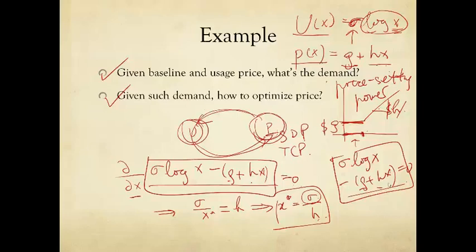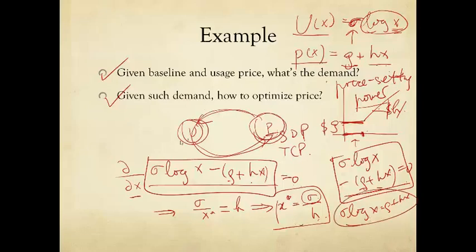So this leaves no utility to the consumers. It can't be negative, because if it's negative, the users won't participate. And to properly use this monopoly price setting power, we'll set it to be 0. So we can solve this second equation. The second equation says sigma log of x equals G plus Hx. So now I've got two equations.